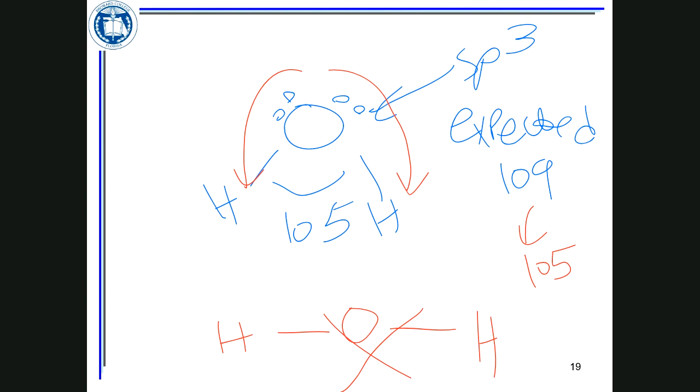Okay, good question. How do they determine the actual value? There is a nucleus here, there is a nucleus here, and there is a nucleus here. If you take an X-ray of your hand, it only shows the bones, right? If you take an X-ray of the molecule, it shows the nuclei, because the mass of the atom is in the nucleus. Everything else is basically empty space.